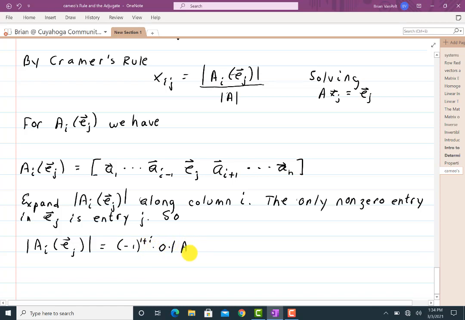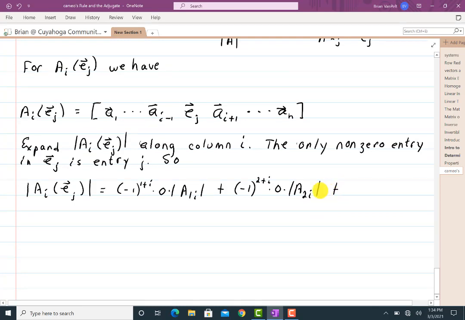And it really doesn't matter, but I'll put this. This is where you're going to take out the first row and the ith column, as we imagine. And then we move on, -1 to the 2 plus I times 0 times A2I plus dot dot dot, and then we got to finally the jth item in the list.